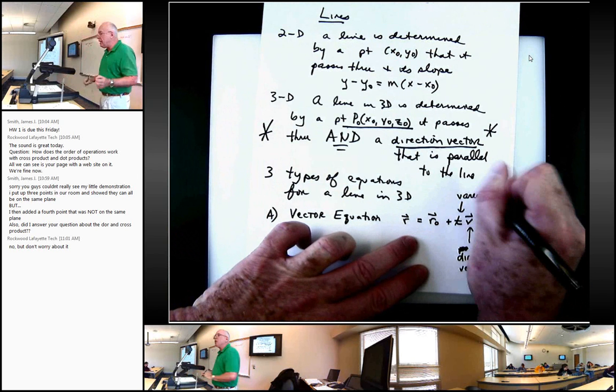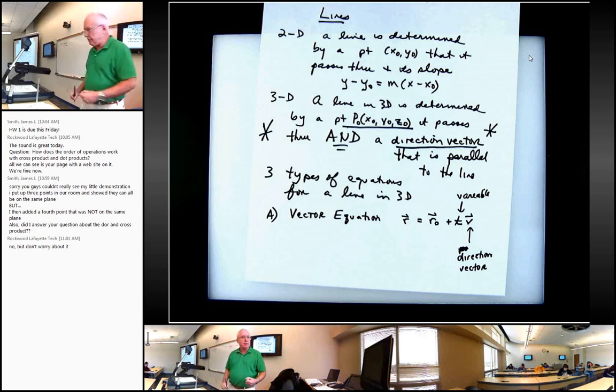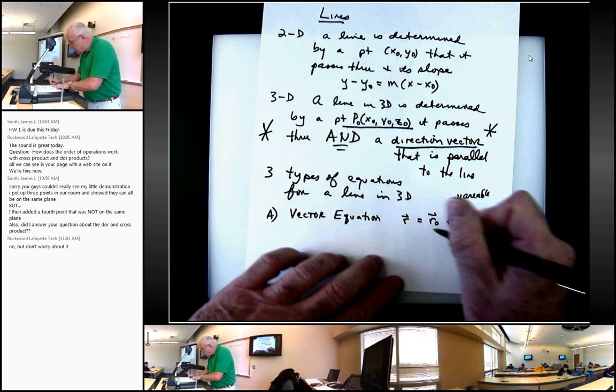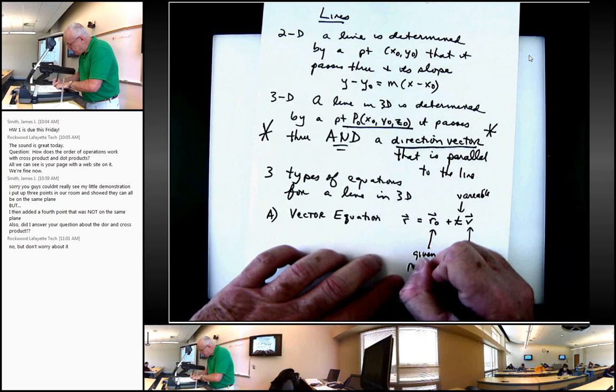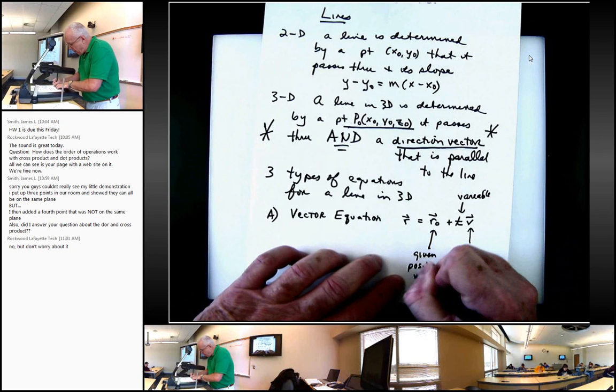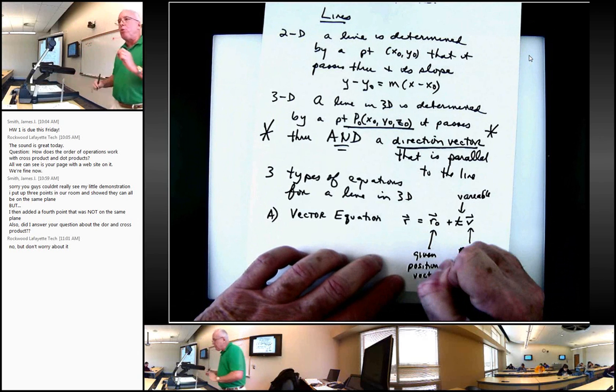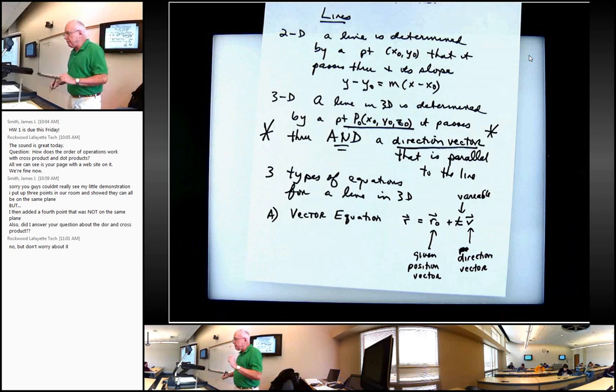It can go from minus infinity to plus infinity. r naught is a given position vector. This is our given point that is on the line.